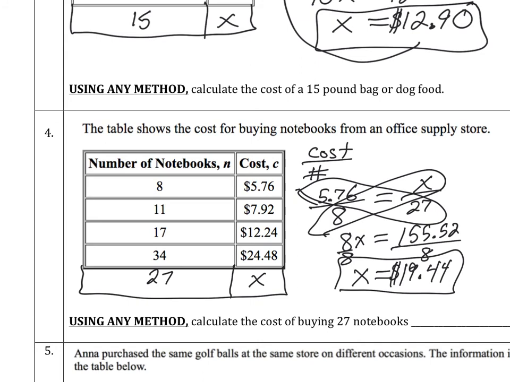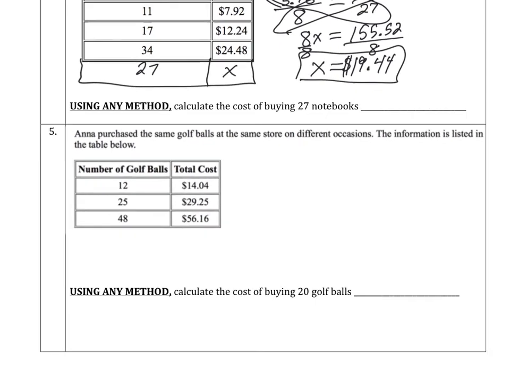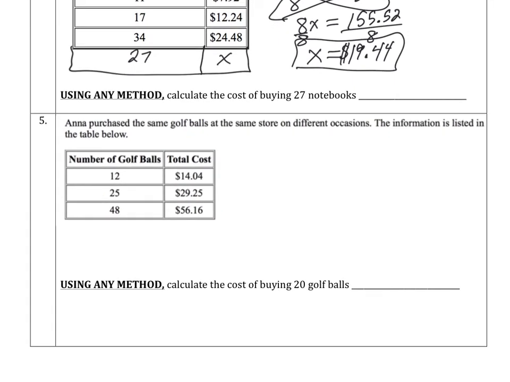So 27 falls in between 17 and 34. And I know I didn't put it there on the table, but there's not room for it. And so my price then should fall between the 12.24 and the 24.48. And it does.